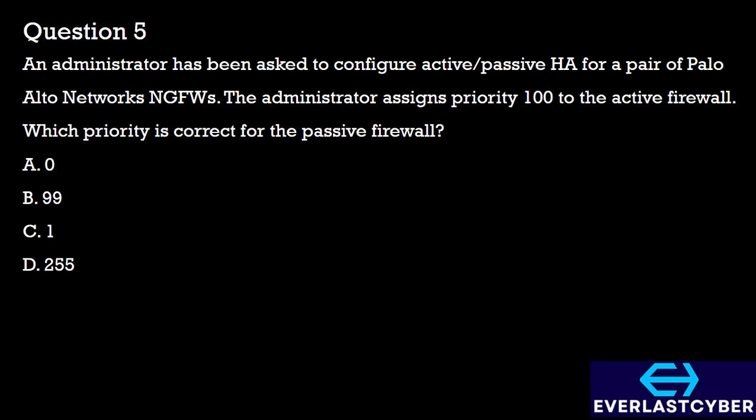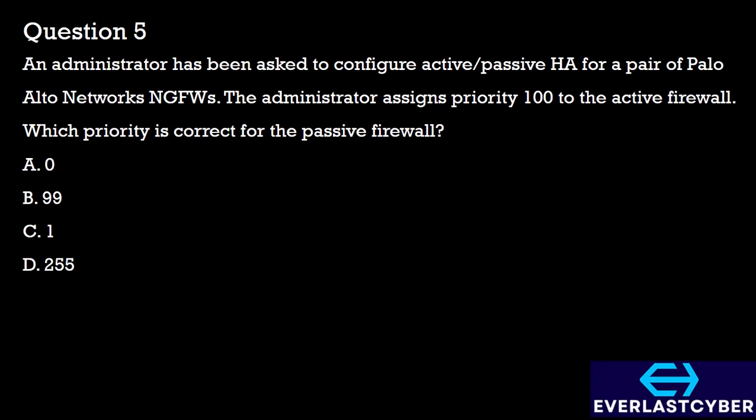In the case of the scenario we have here, the administrator has assigned priority 100 to the active firewall. So the passive firewall should have a higher priority value, such as 99 or higher, to ensure that it remains in standby mode. So when the one that has 100 fails, it will automatically switch to the one that has 99 or higher.